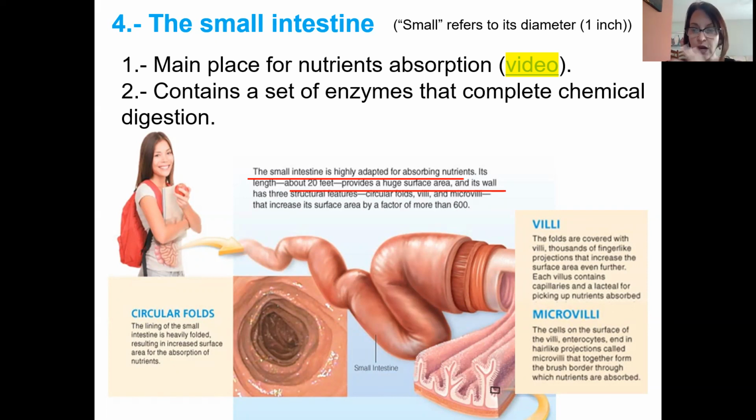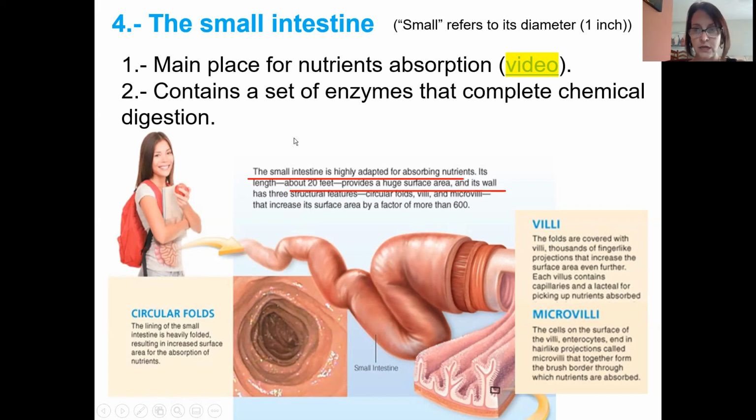In general, these three characteristics, the length with the circular folds, the villi and the microvilli, allow for increasing the surface area by a factor of more than 600. And that's the reason why the small intestine is the main place for nutrient absorption.